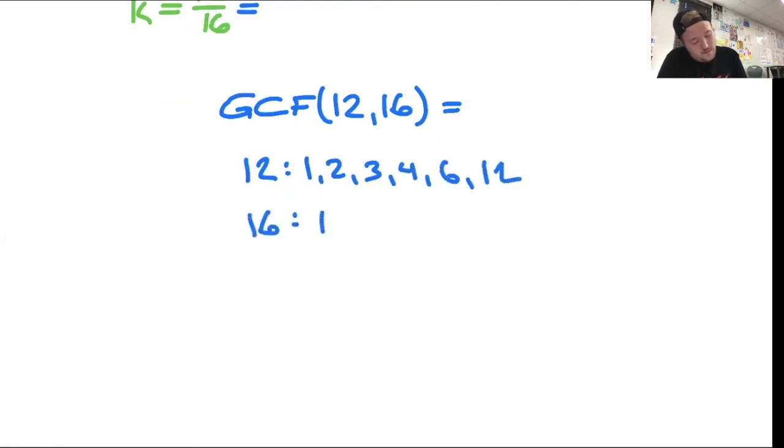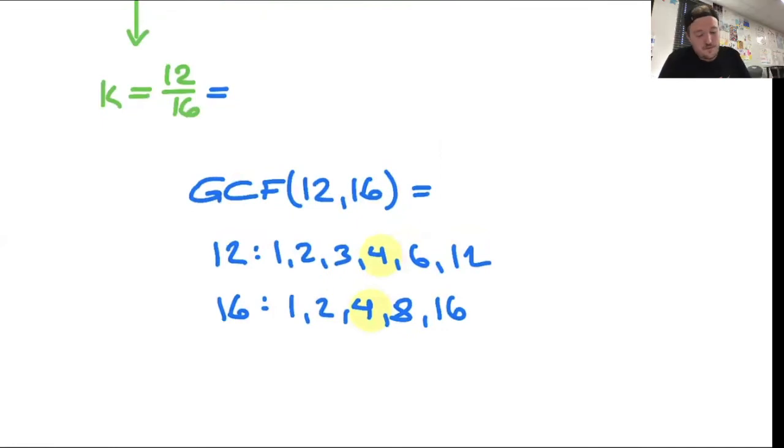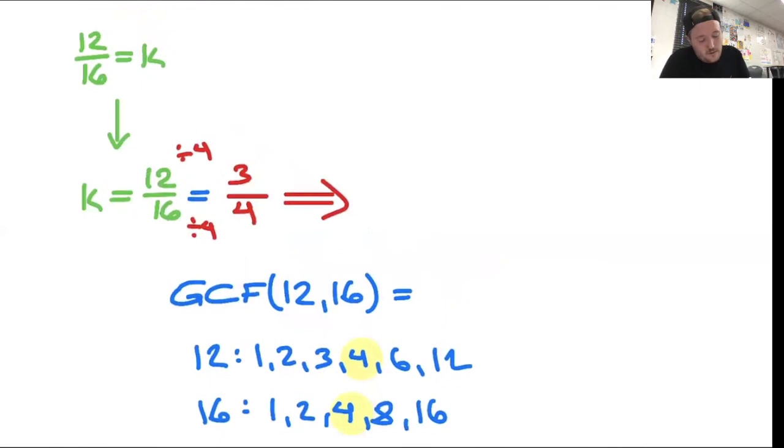For 16, you have 1, 2, 4, 8, 16. So the greatest common factor that they have is 4. I'm going to divide both values by 4. So 12 divided by 4 gives you 3 over 4. So what this means, the double arrow here, that means implies.